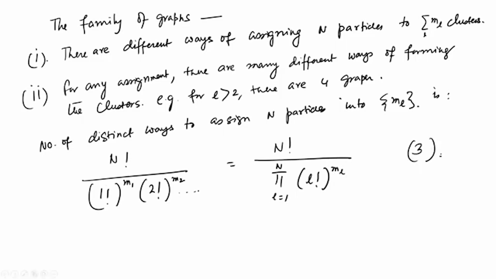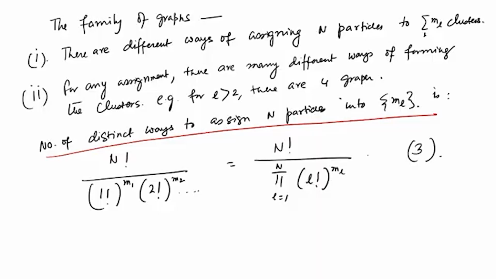Now, this is one of the key steps here. It tells you the number of distinct ways to assign n particles, and we will also find out what the values of each one of them are. So, they are 1 factorial to the power M1, where there are M1 clusters of 1 particle each, 2 factorial to the power M2, where M2 is the number of 2-particle clusters, and so on.